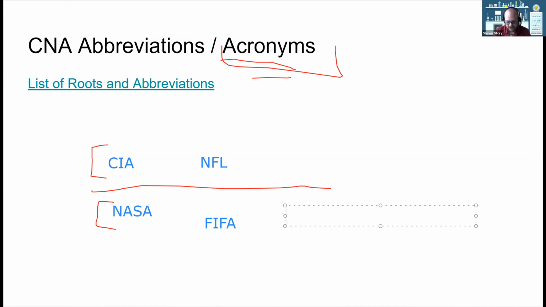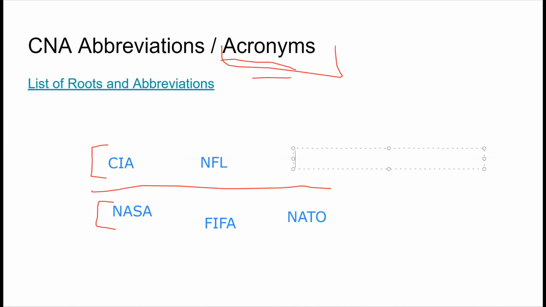We have NATO, which is the North Atlantic Treaty Organization, and we have the news channel MSNBC.